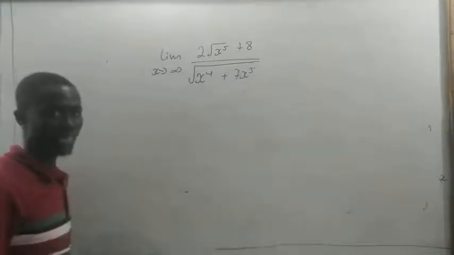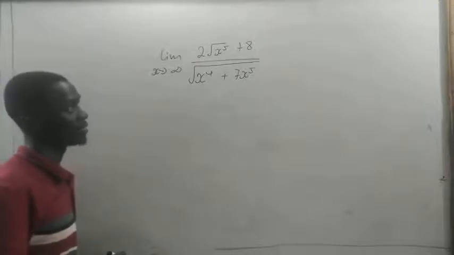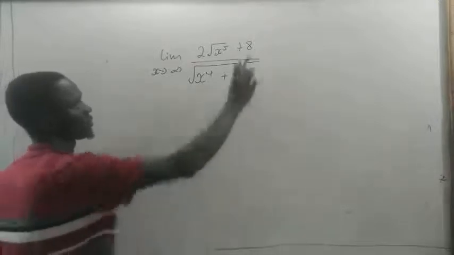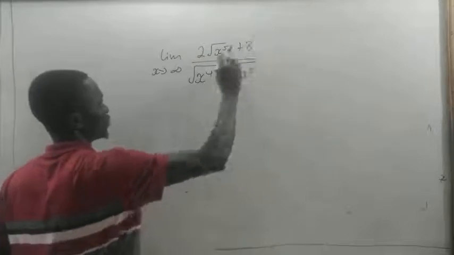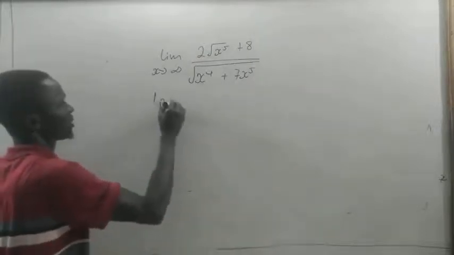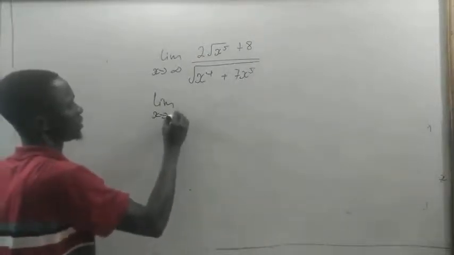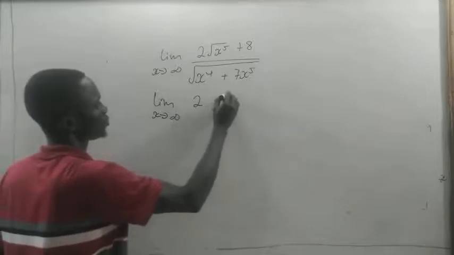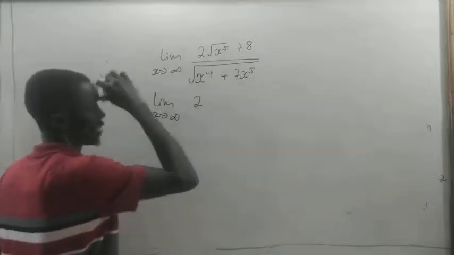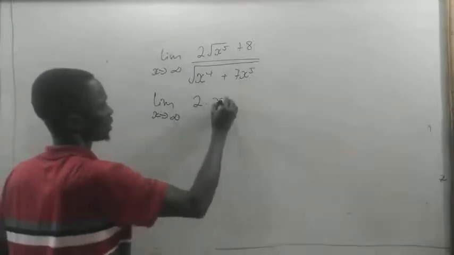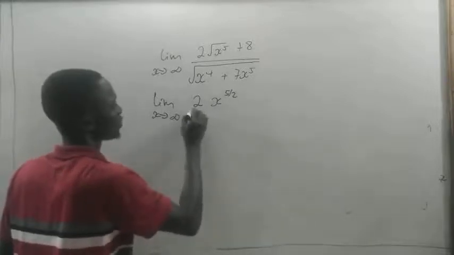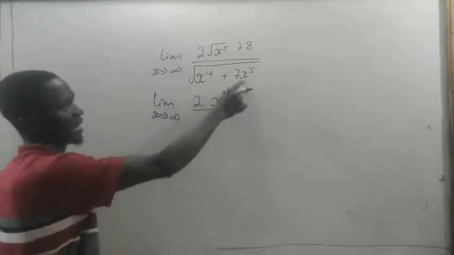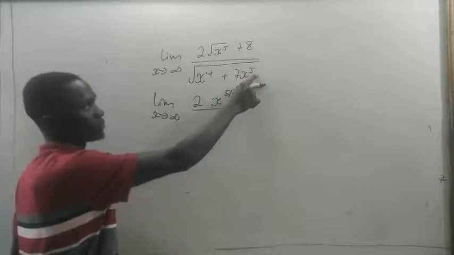So here we just consider the highest powers of x. In this case, you don't have any x attached to the 8, so we forget about that. So we take the limit as x approaches infinity, 2 times square root of x to the power 5, which is x to the power 5 on 2, divided by, here, the highest power is x to the power 5.